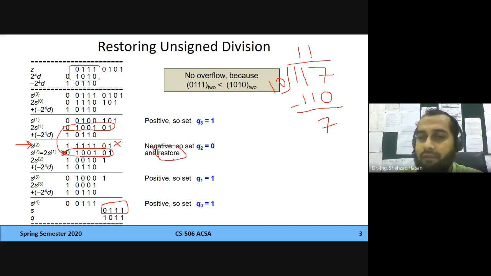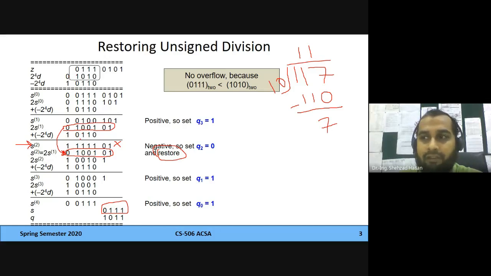When we say we are going to restore it, there can be two things that you can do to restore a number. One thing is, if you have done a subtraction operation and obtained this answer, and you want to restore, you do an addition operation. If I add the same thing back to this number, I get the previous number.